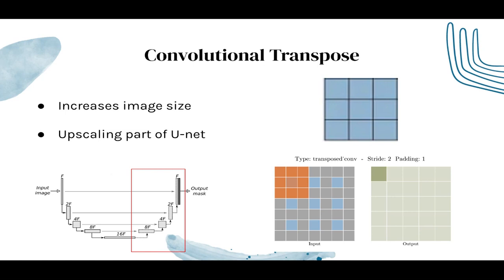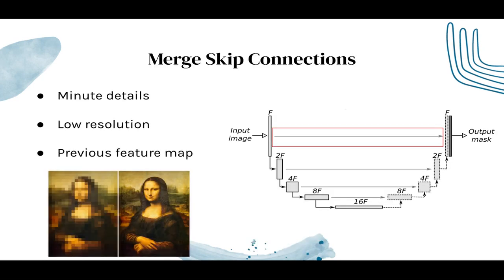But these three steps alone aren't enough to make a good segmentation map. That's because our bottom image is too low of a resolution to be able to make an accurate segmentation map. To understand this, look at the blurry picture of the Mona Lisa. If I wanted you to redraw the Mona Lisa exactly, pixel for pixel, in an image editor from the blurry image, you would not be able to do that because the blurry image just does not have enough information.